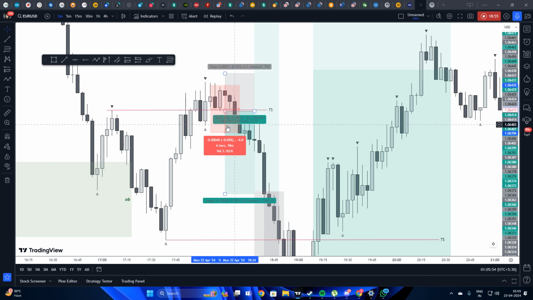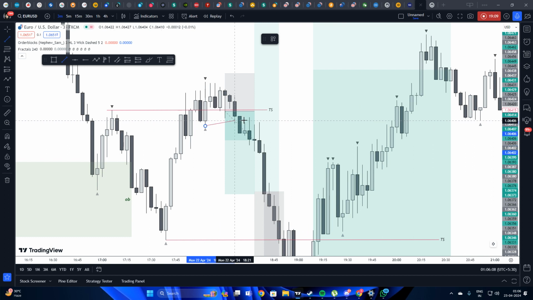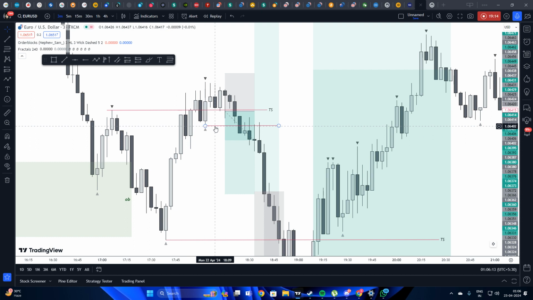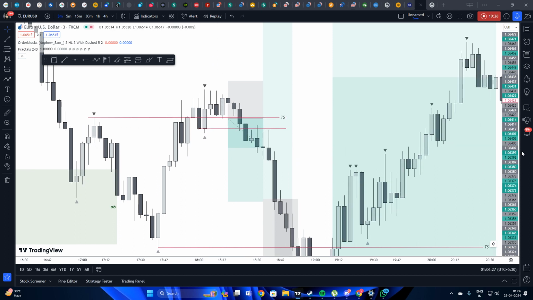It pushed below and then went up to close this wick, and this was exactly the CISD. But see, the market prefers going to the body than the wick. The market always prefers going to the body than the wick. So I'll always say that the body closing is of bigger confidence than the wick.